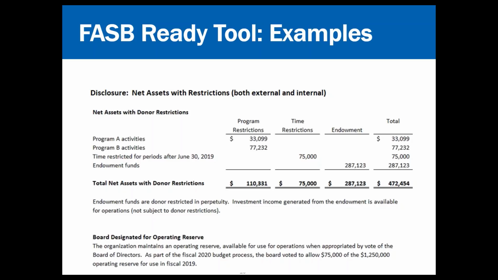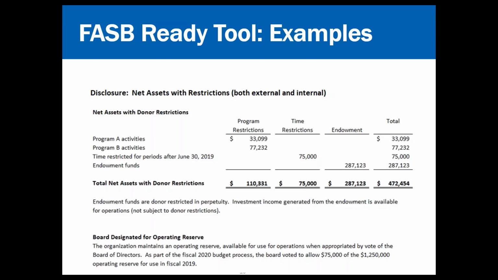In this particular example, this is around the restrictions and the donations with restrictions, without restrictions. You may remember that in the current guidelines, temporarily restricted net assets include two different types, which are program restrictions and time restrictions.